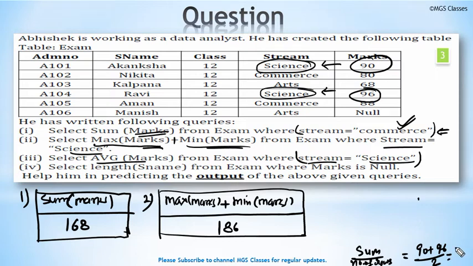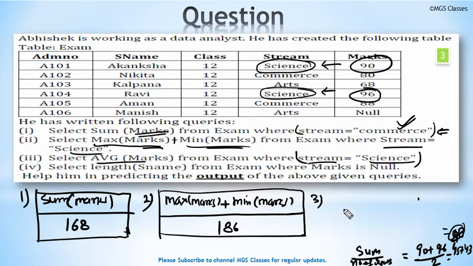So here we have 90 plus 96, and the values are added, divided by 2.